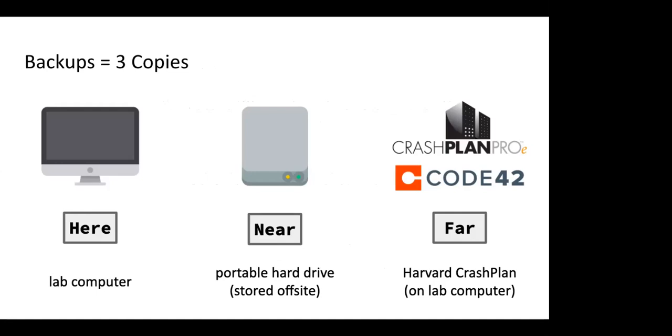In our first example, we have a lab computer. You would find a copy of the data here. Your near option is to also have a copy of the data on a portable external hard drive, which is stored off-site away from the lab. And your far option is installing Harvard CrashPlan on the lab computer, which will back up all files and is stored in the cloud.